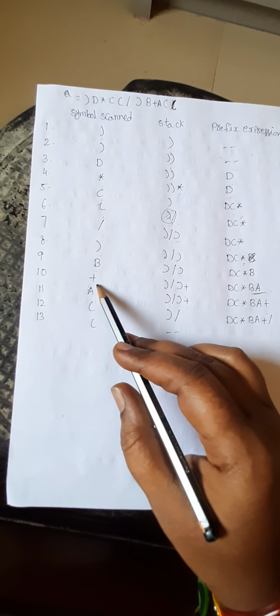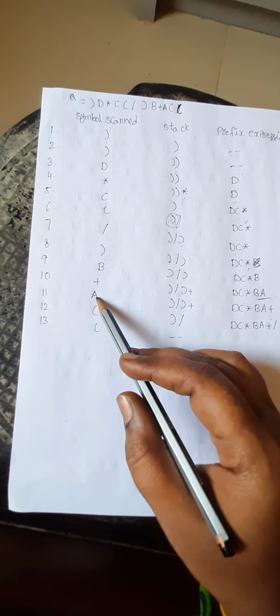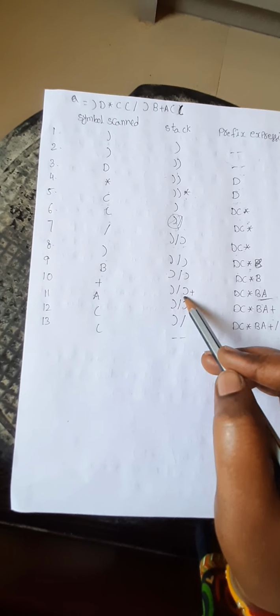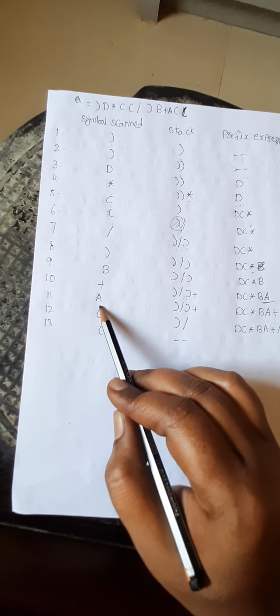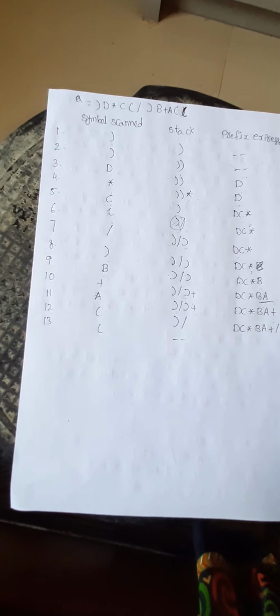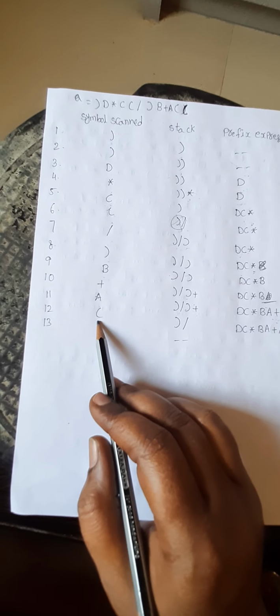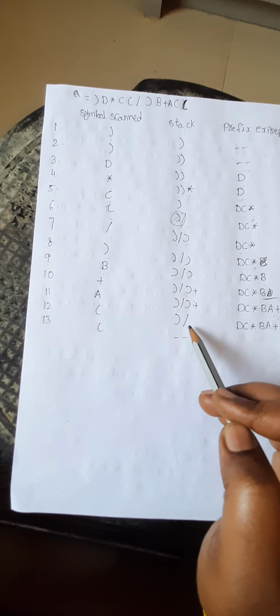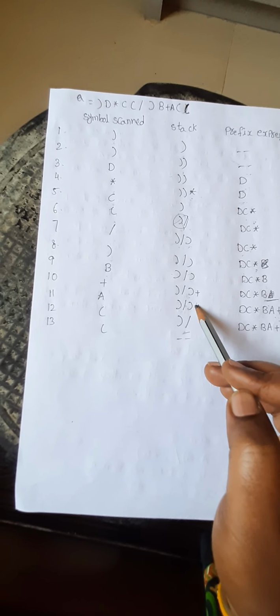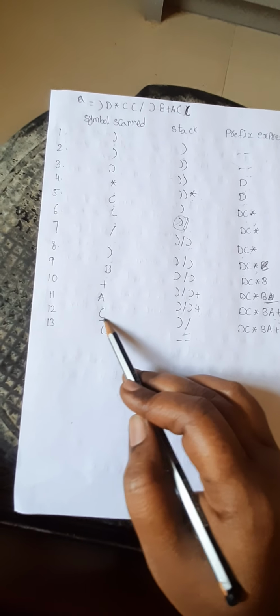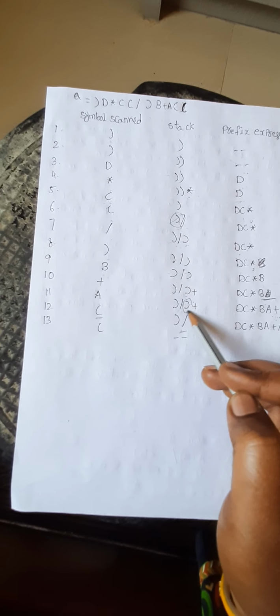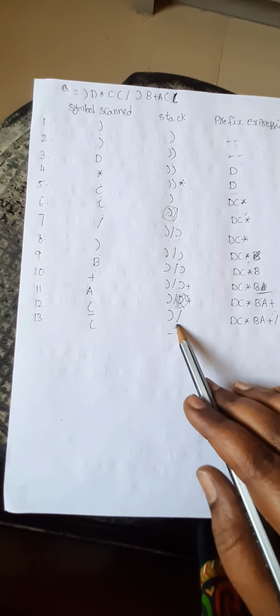So what we have to do is wait until it scans another operand, and next A is encountered, so A will be added, as well as plus will be added. And next here the left parenthesis has been encountered, and here the division symbol is there. Whenever the left parenthesis has been encountered, the right parenthesis will be removed from the stack, so it contains the division symbol.